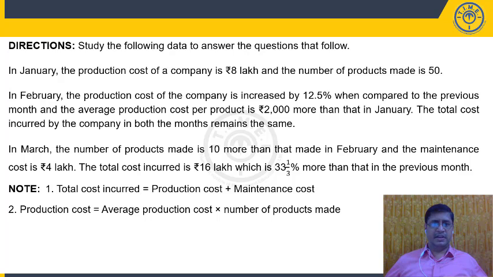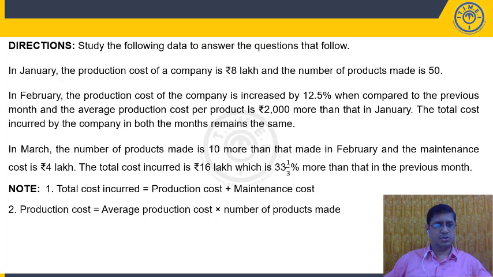Study the following data to answer the questions that follow. In January, the production cost of a company is 8 lakh and the number of products made is 50. In February, the production cost of the company is increased by 12.5% when compared to the previous month, and the average production cost per product is rupees 2,000 more than in January.